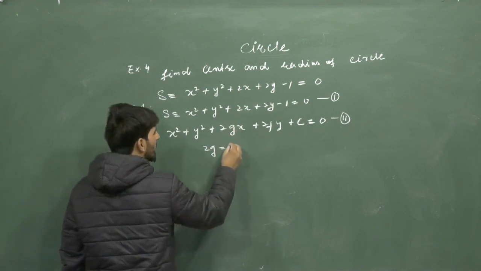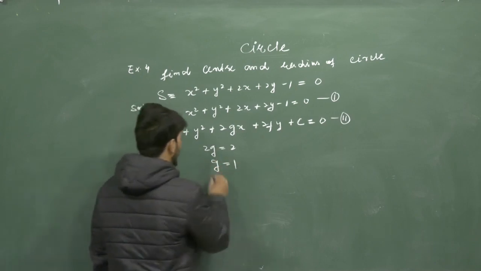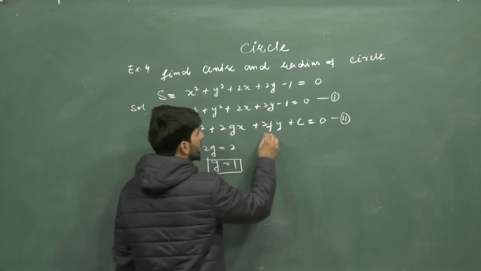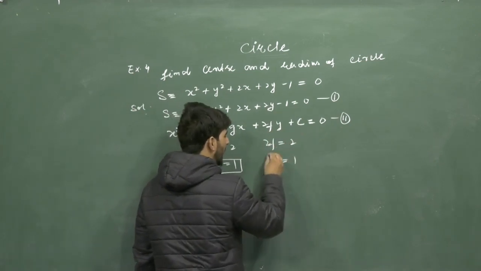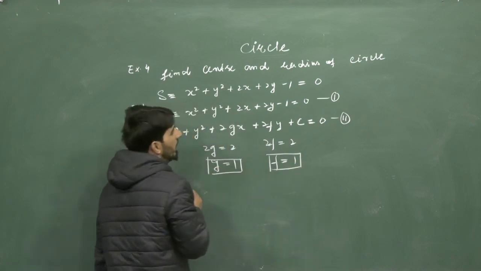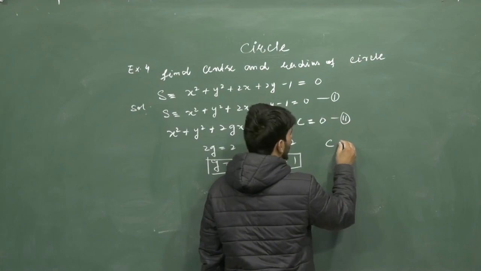So 2g = 2 gives us g = 1, and 2f = 2 gives us f = 1, and c here is -1.